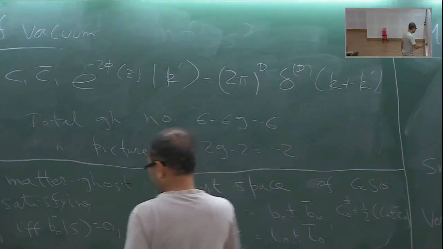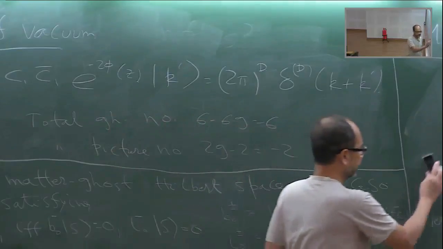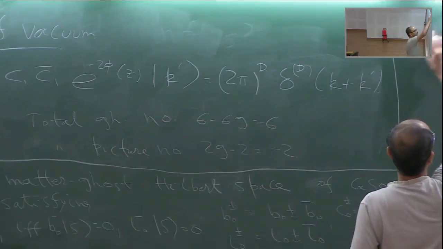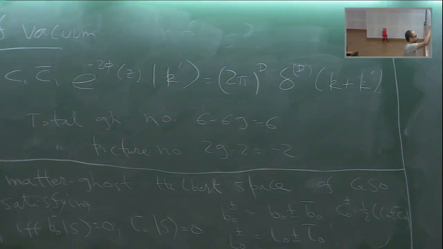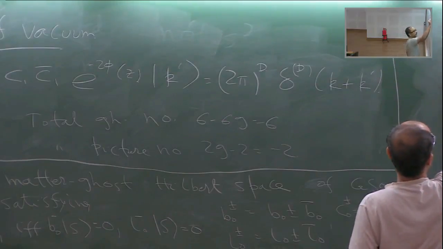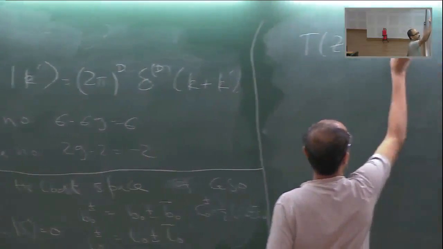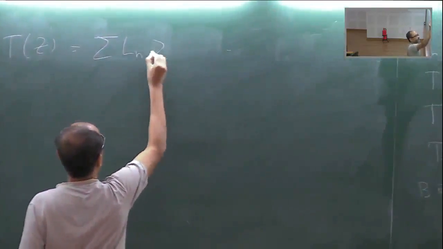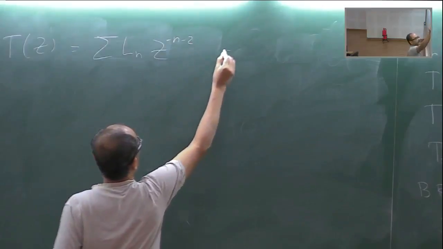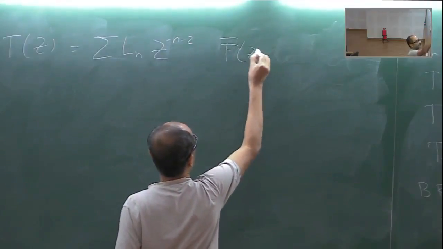So let me write that down explicitly. T of z, this is the total stress tensor, right? This has an expansion like Ln z to the minus n minus 2. And similarly T bar of z bar.